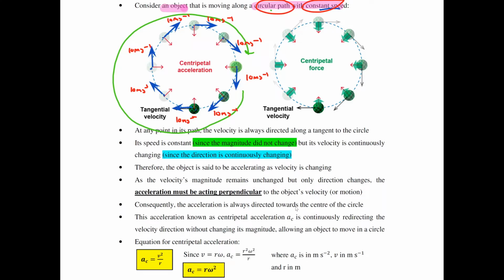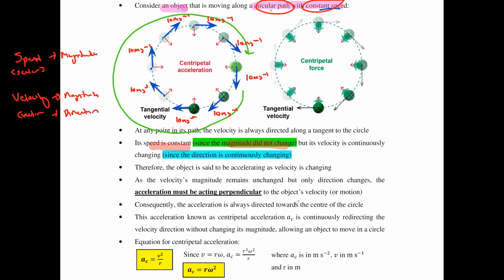We would say that the speed is constant here because the magnitude did not change. If you recall from your AS last time, there's a difference between speed and velocity. Speed being scalar, you only need to consider magnitude. But velocity being a vector, you need to consider both magnitude as well as direction.